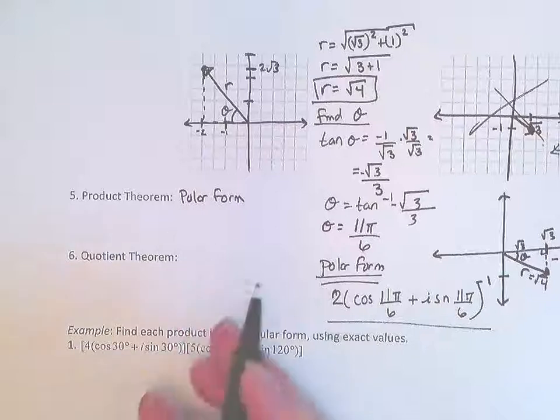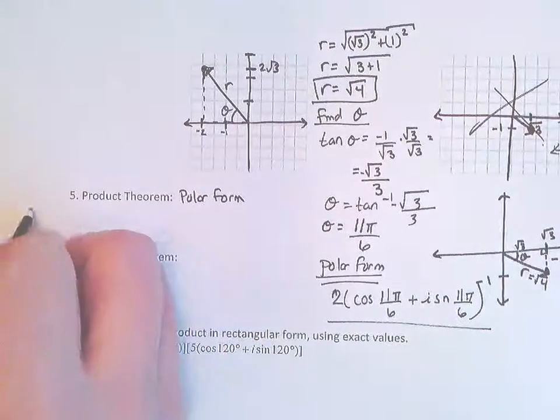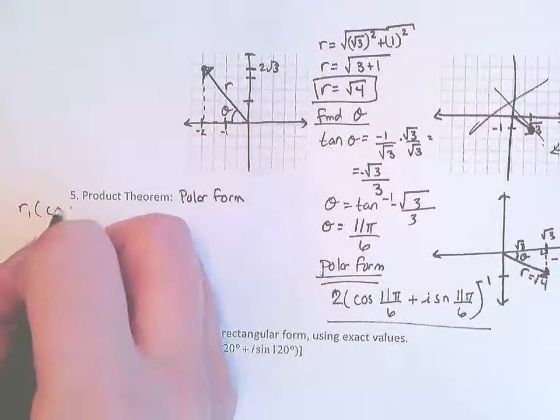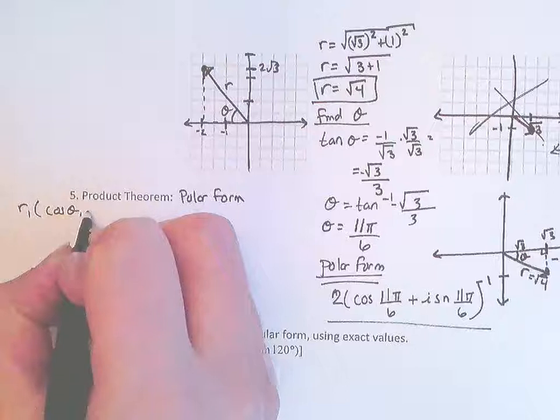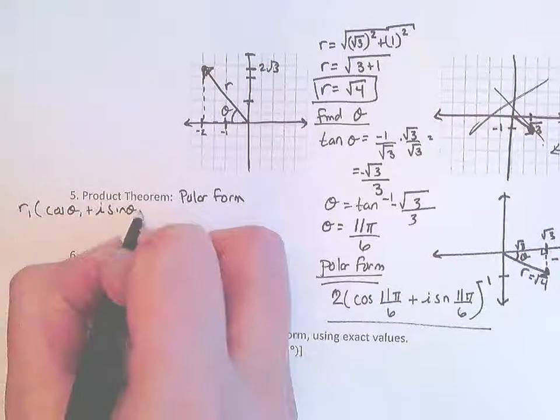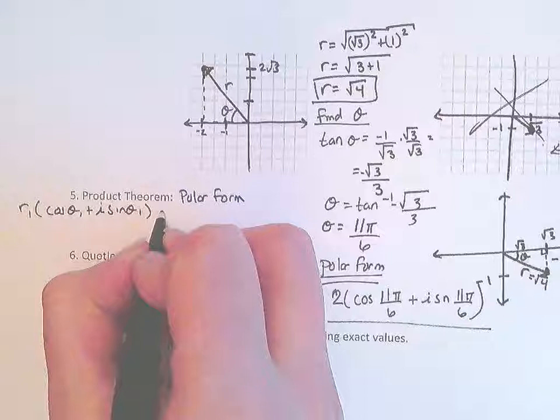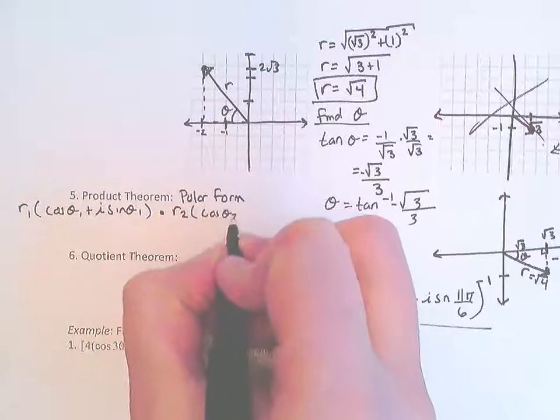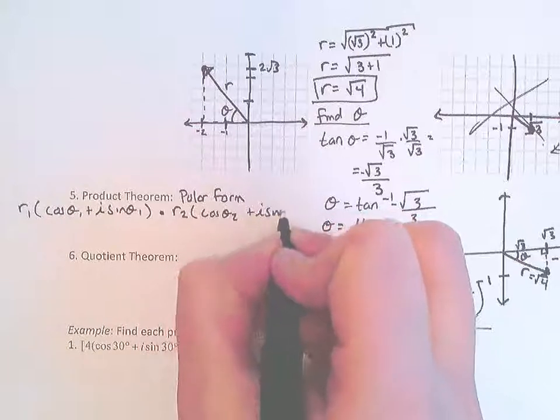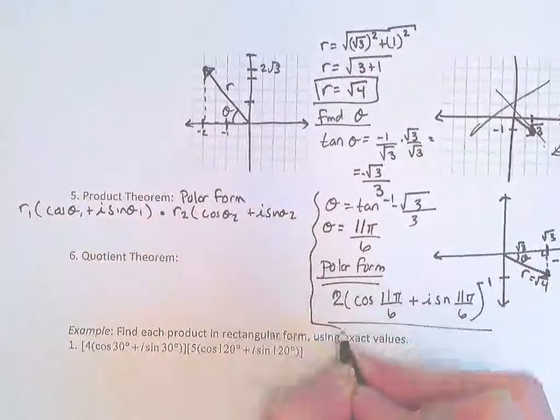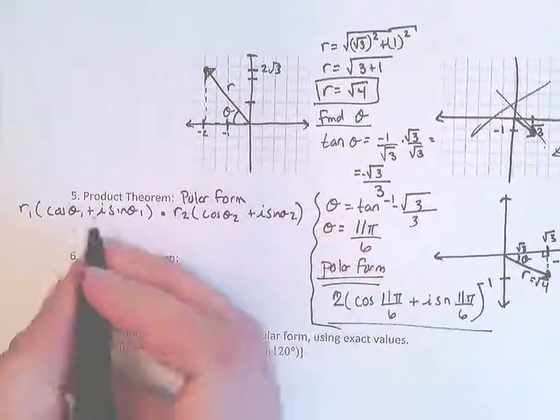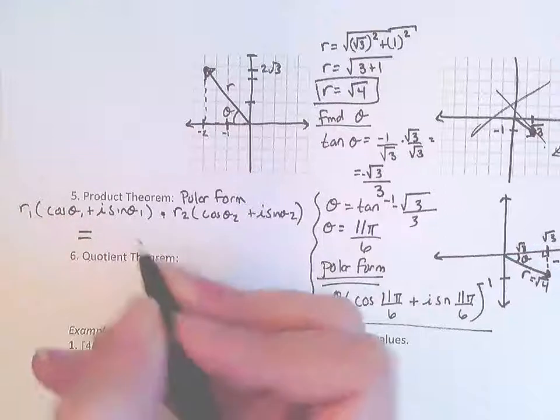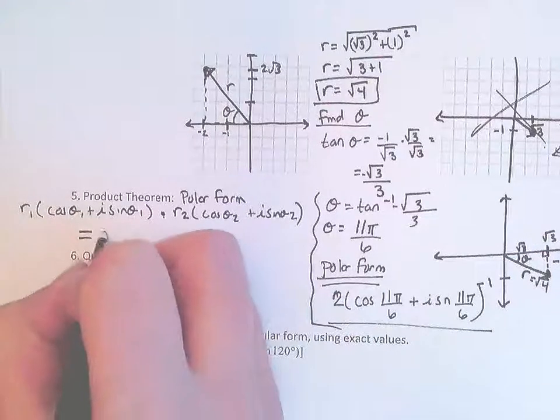So in polar form, if you have two numbers, r1 cosine of theta 1 plus I sine of theta 1 times r2 cosine of theta 2 plus I sine of theta 2. Okay? When you multiply them, they multiply together and then they end up equaling this.